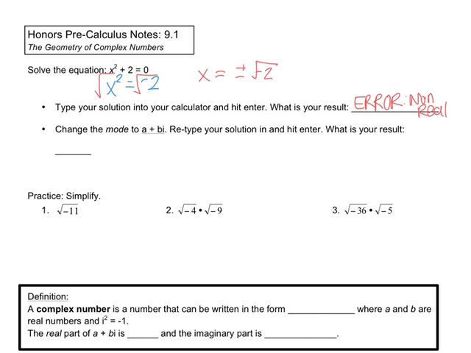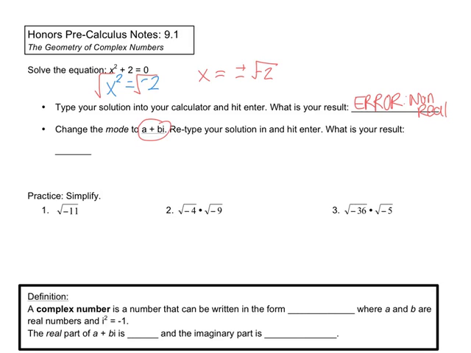So if you go to your mode, hit the mode button, and there's a mode that you probably have never switched to before. But if you hit mode and scroll down to the line where you'll actually see the word real highlighted, arrow over, and you should see the option to highlight a plus bi.